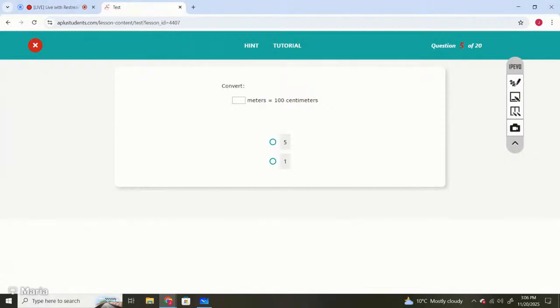Next, 100 centimeters equal how many meters? 100 centimeters equals 1 meter. Option number 2 is the correct option.